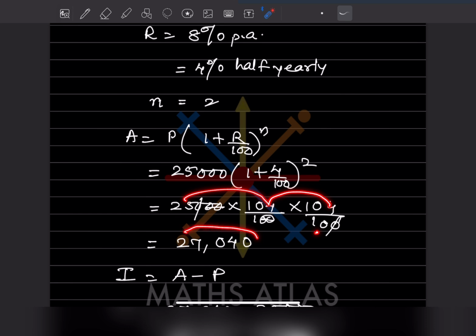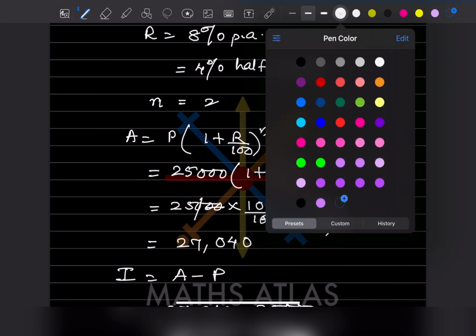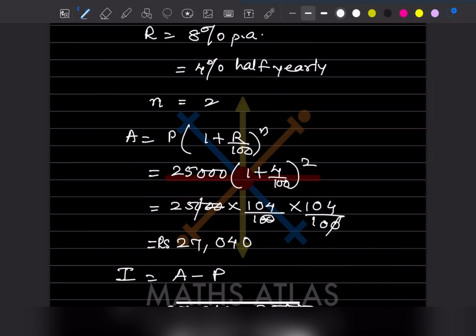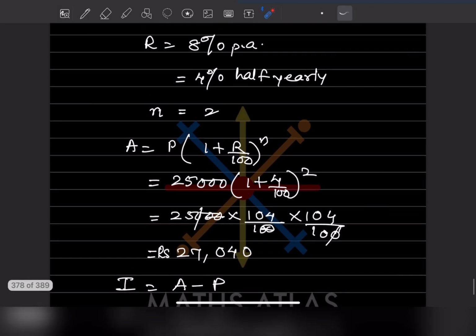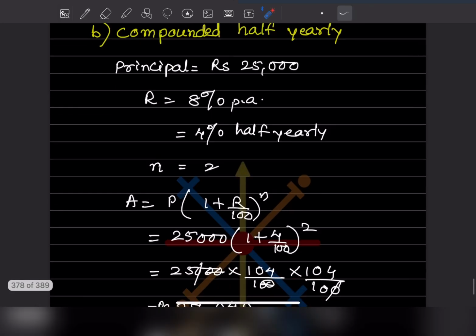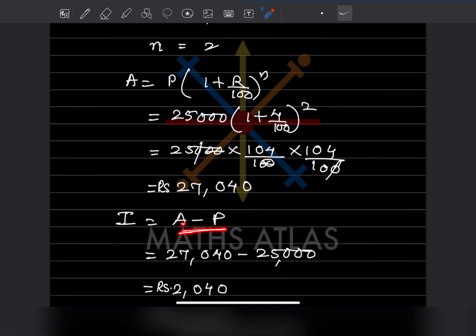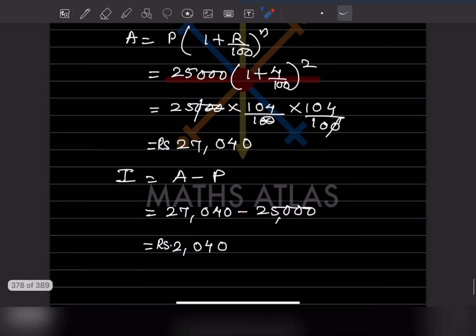So you get here 27,040 rupees. Now they have asked for the interest. Interest is equal to amount minus principal. The amount we have got is 27,040 and the principal is 25,000. When you subtract this, you get 2,040.